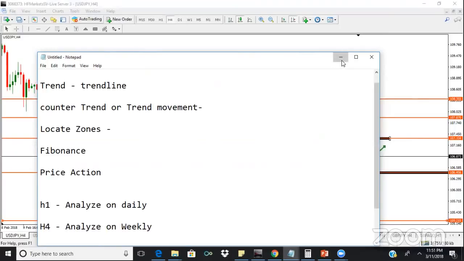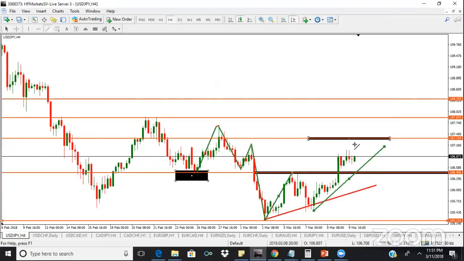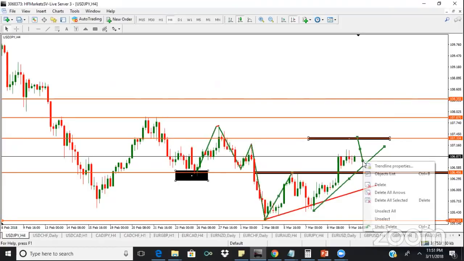So you see, if we place a sell here, it is counter trend because the trend has started going up. But I rather prefer that I take a trend moving trade. If you understand what I'm saying, type in 2.